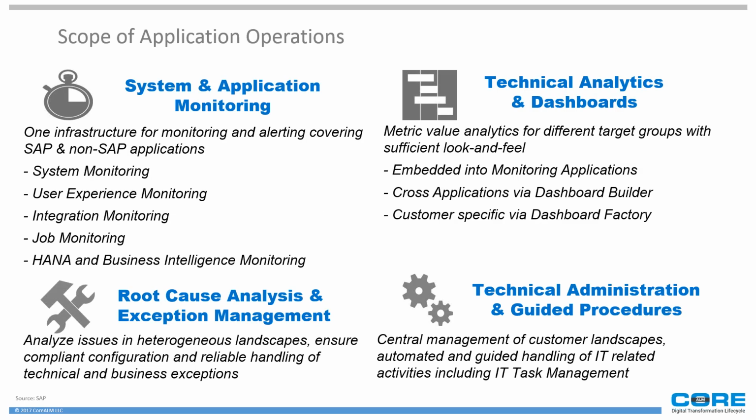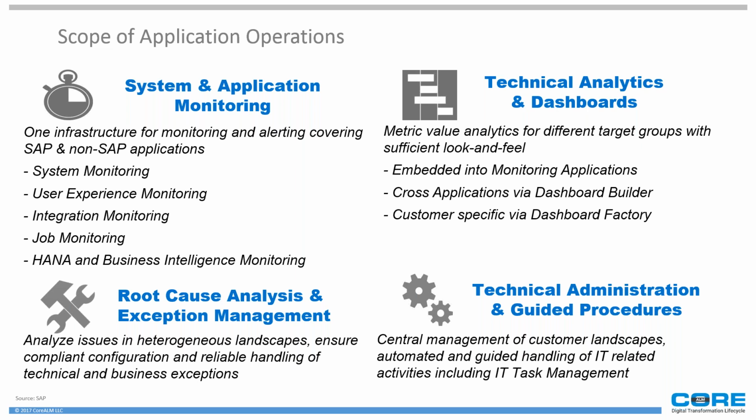So when we take a look at it from a scope perspective, the scope of application operations really includes several different areas, which are listed here. So we have the system and application monitoring. From a traditional OS/DB monitoring, application monitoring, there are multiple areas and different areas within each application that Solution Manager can monitor.